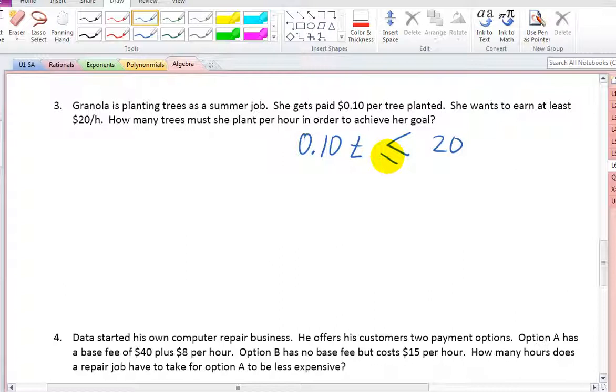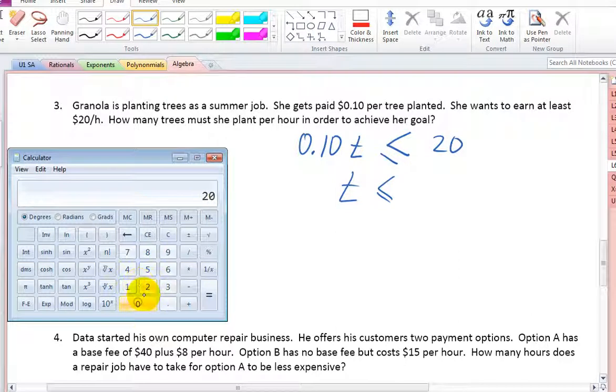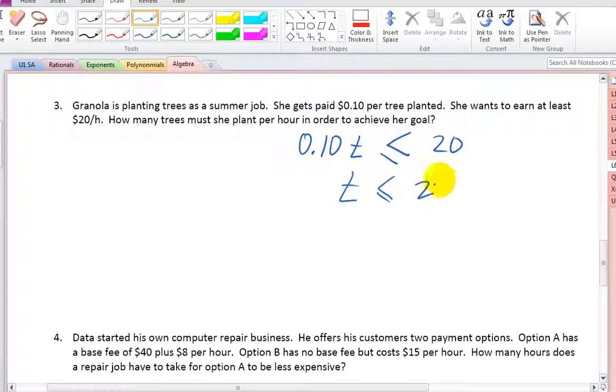Well, I screwed that up, didn't I? Do you guys see why I screwed that up? Solve it and then see if you can tell me why I screwed it up. So we got t less than 200.